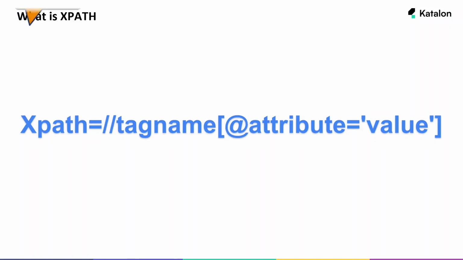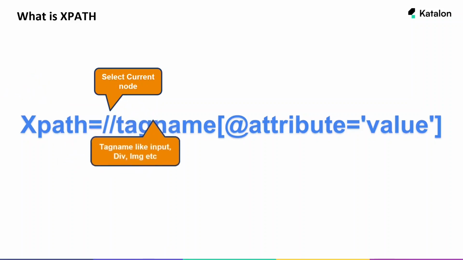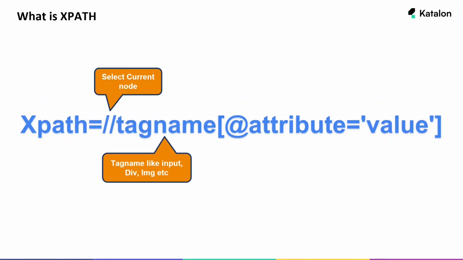So what do the two forward slashes denote? They basically represent selecting the current node. Then tag name represents the tag name, like input, div, image, whatever.